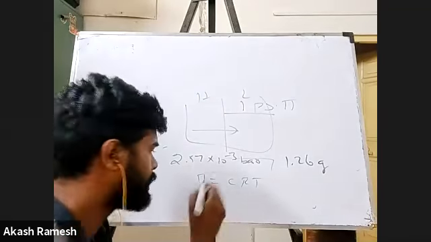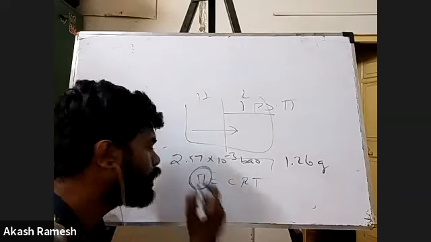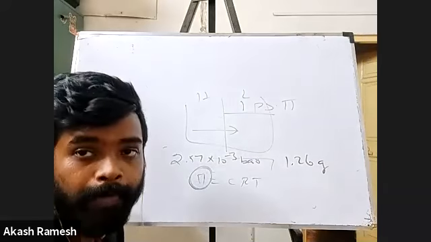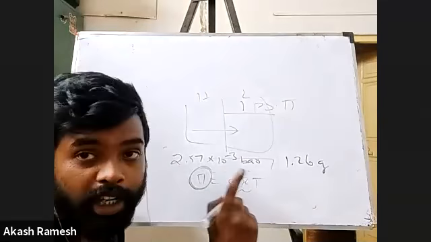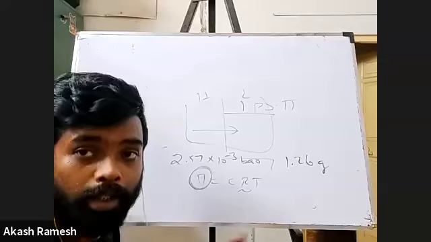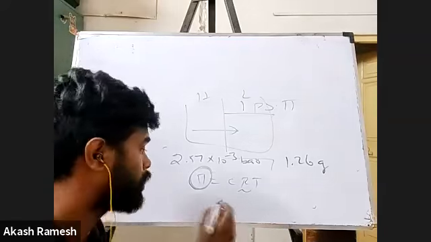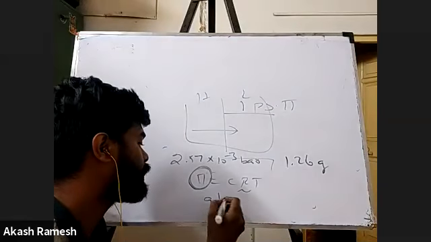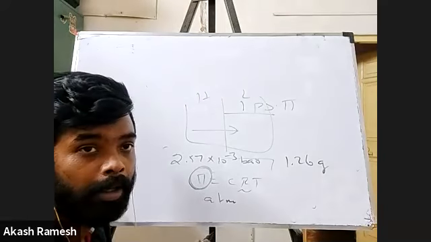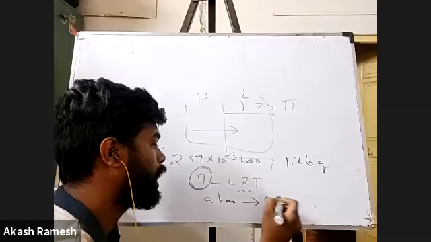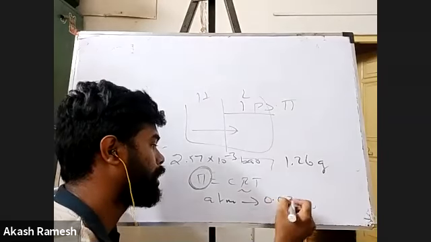Please understand, depending on what is the unit of pressure, the R value might change. Generally, I told you 0.0821. Why? Because if the pressure is in atm, then R value will be 0.0821.